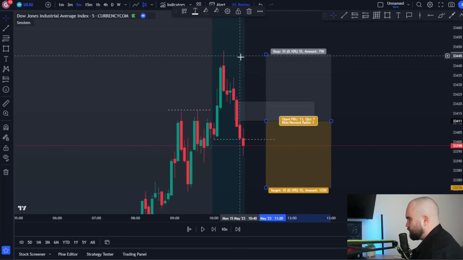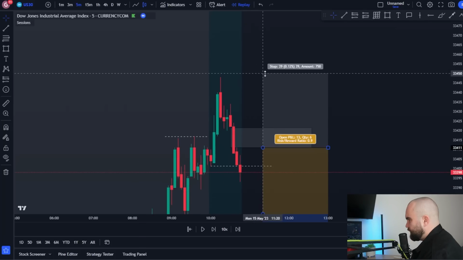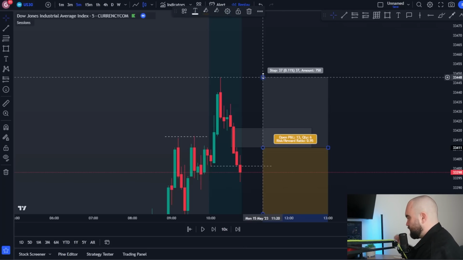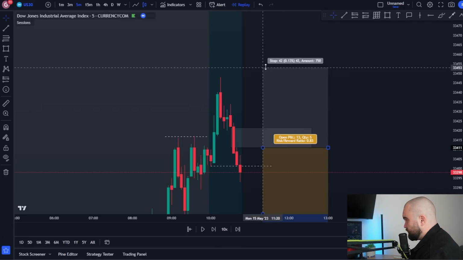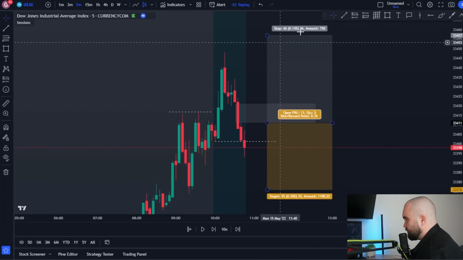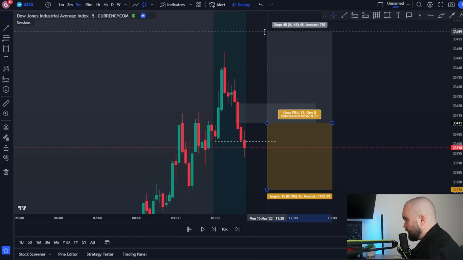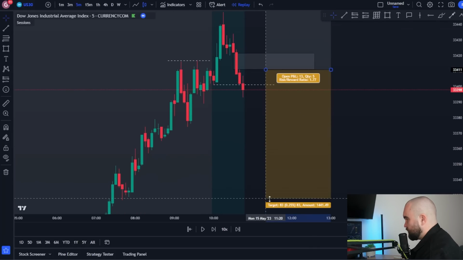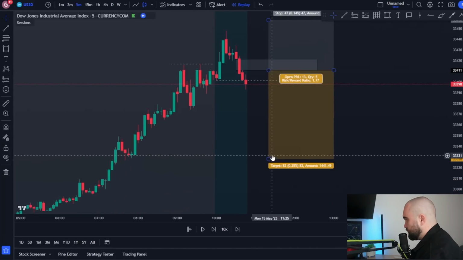We need the one that is furthest up. So we're going to give a bit of breathing room. Right now, the stop loss is at 370 pips on US 30. So we're going to give just a little breathing room, which would be, I would say, an extra 10 pips, blanket, and then we target 1 to 2 risk reward.